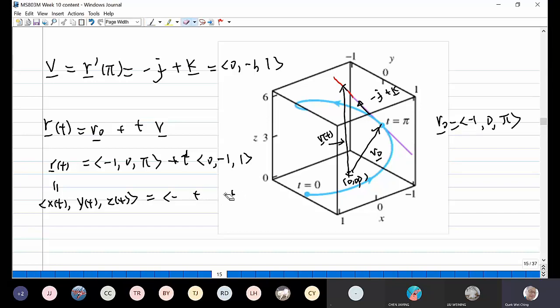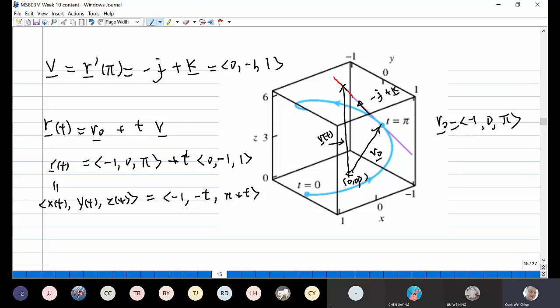You can actually add them up first. So this one is minus 1 here. This one is minus t here. And this one is pi plus t. When you add them up, minus 1 plus 0, you get minus 1. 0 plus minus t, you get minus t. Pi plus 1t, you get pi plus t.